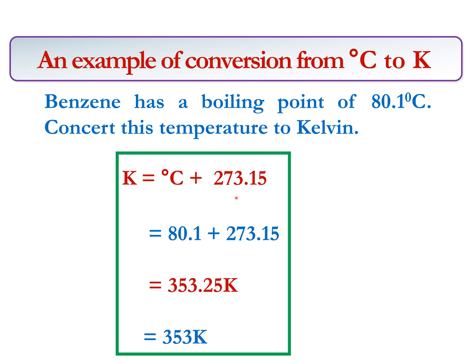We simply substitute the value that we are given, which is 80.1. So we put that value here plus 273.15, and then we will get our final answer in Kelvin to be 353.